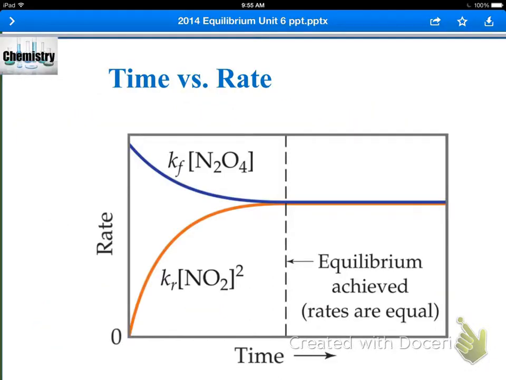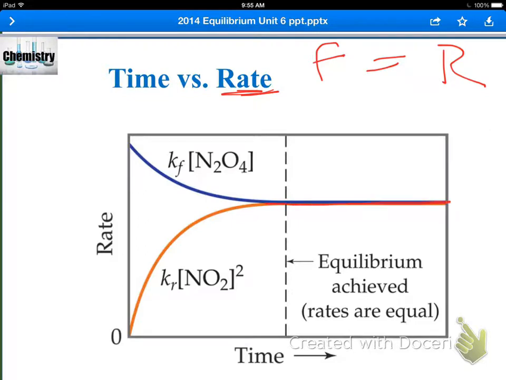Okay. Now the last chart we looked at was time versus concentration, and we had concentrations that did not hit each other. Well, here when we plot time versus rate for a reaction, when we reach equilibrium, what we do see is that these lines will hit each other, because what we're looking for at equilibrium is that the rate of the forward reaction equals the rate of the reverse.